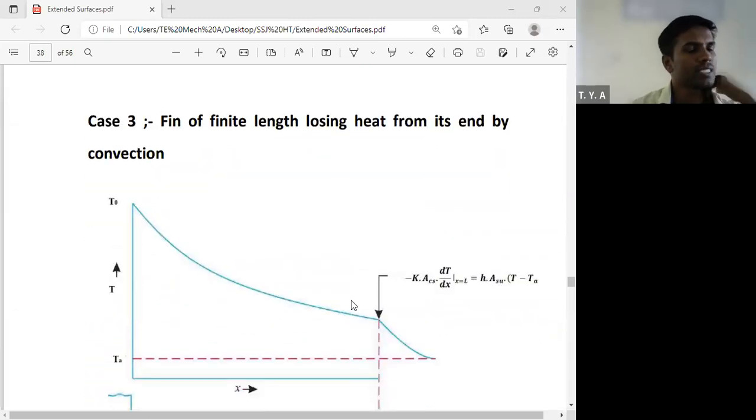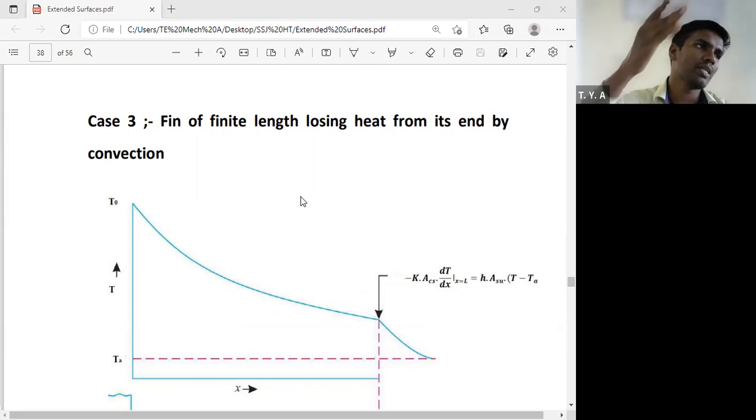Okay, then write down case 3. Case 3: fin of finite length losing heat from its end by convection. Whatever the end of the fin is, here heat transfer takes place due to convection.